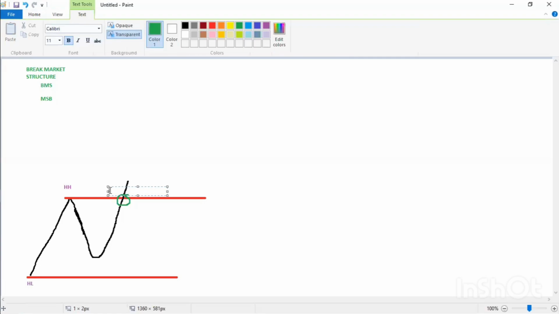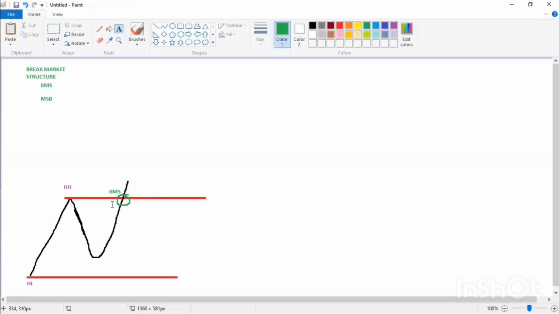So what does BMS mean? It means they are breaking the highs. When you see price breaking the higher highs, what does that mean? It means price wants to continue going up, going higher. If they are breaking the higher highs, they want to go higher.